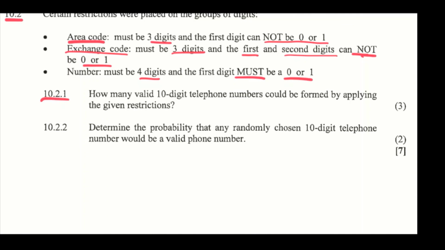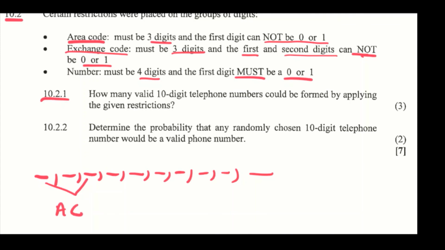So we are having 10 digits, so it's 1, 2, 3, 4, 5, 6, 7, 8, 9, 10, right? And the first 3 are the area code. The second 3 are the exchange code. And then this would be the number, right?